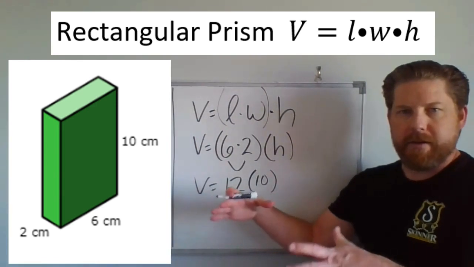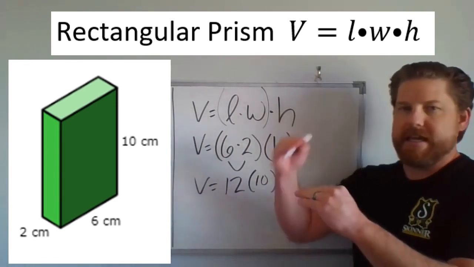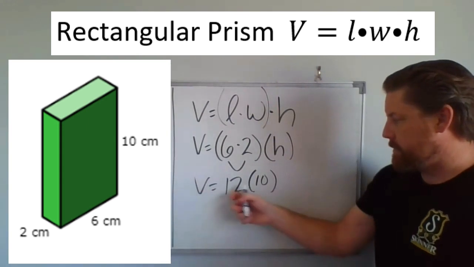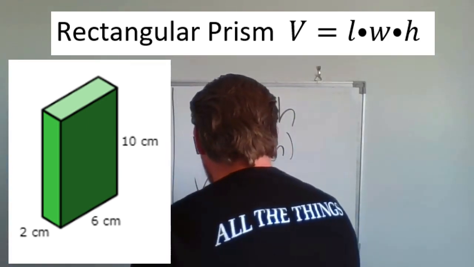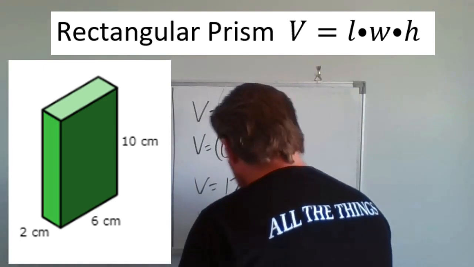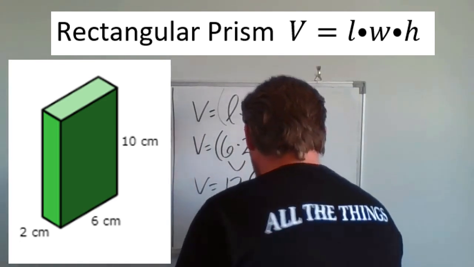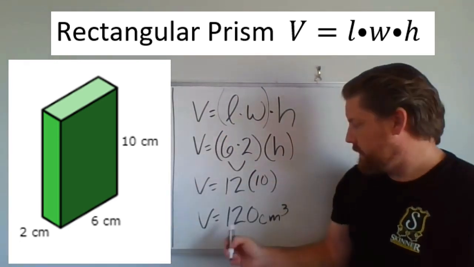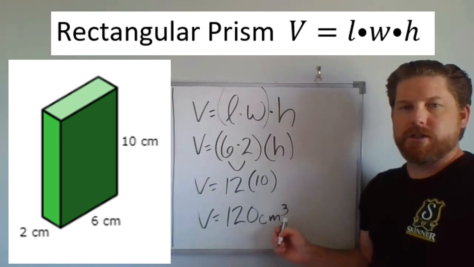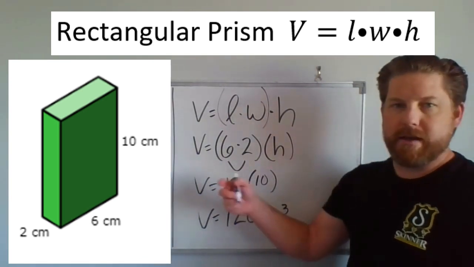And if the area of my base is 12 and I have 10 layers of it, then I multiply 12 times 10 to find the volume. So the volume of this rectangular prism is 120 centimeters cubed, or cubic centimeters.